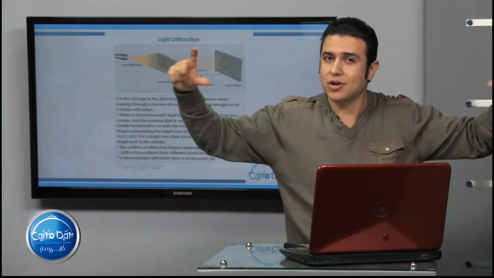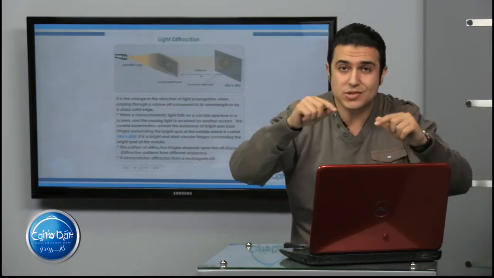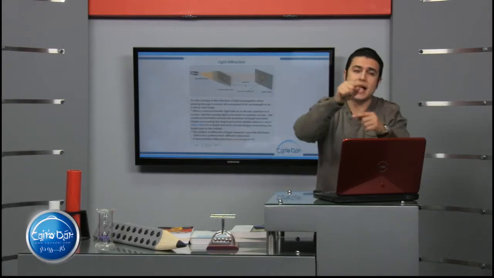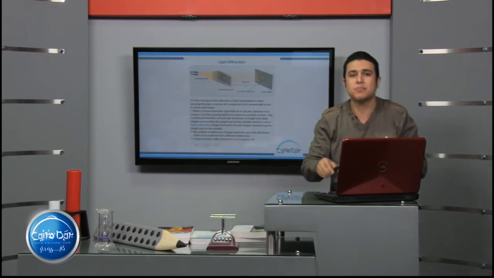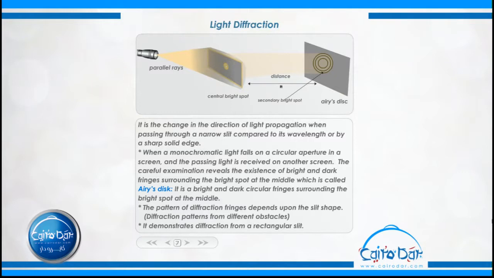These bright and dark circular fringes surround, at the middle, a bright spot, as you see. Here in the middle, a bright spot. This bright spot is surrounded by bright and dark circular fringes. This whole pattern is called the Iris disk.